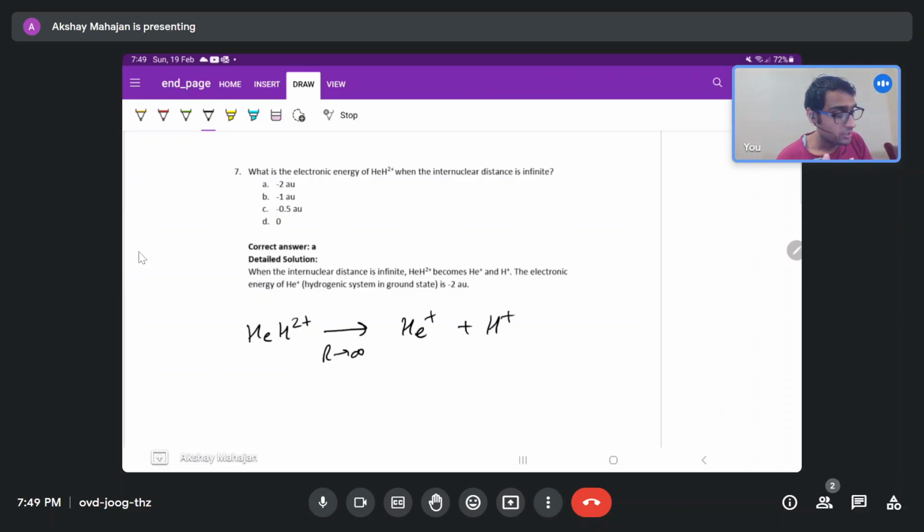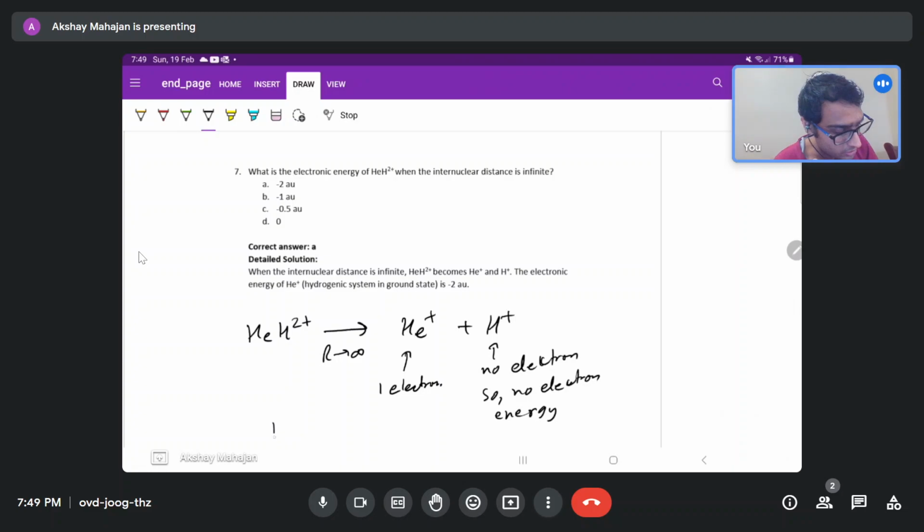And the electron energy of He plus: in H plus there will be no electrons, so there is no electron energy. And in He plus we have a single electron, one electron.